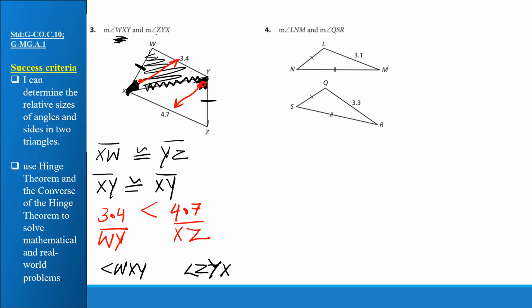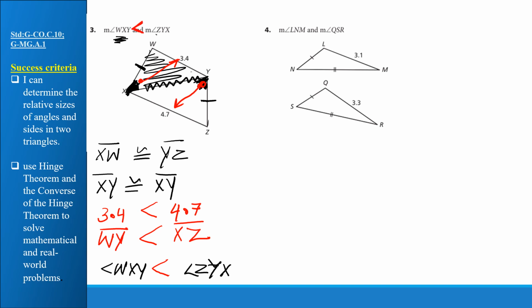That's why WY is less than XZ, and hence angle WXY is less than angle ZYX. So this is how we compare the sides with each other.